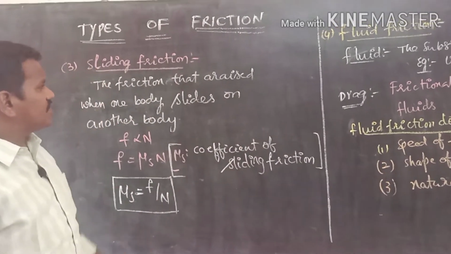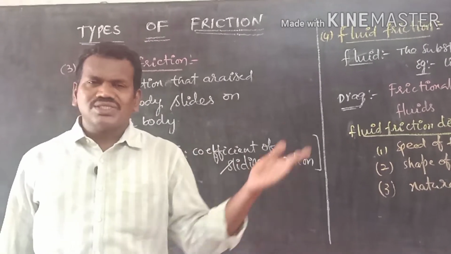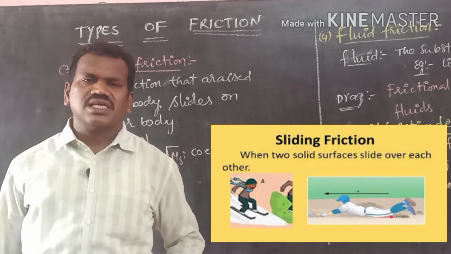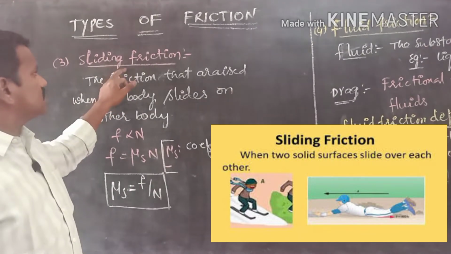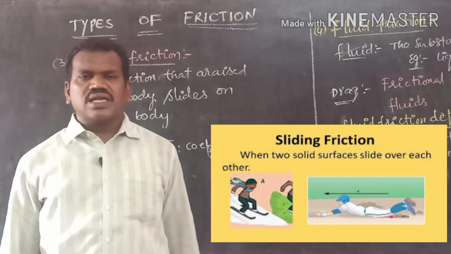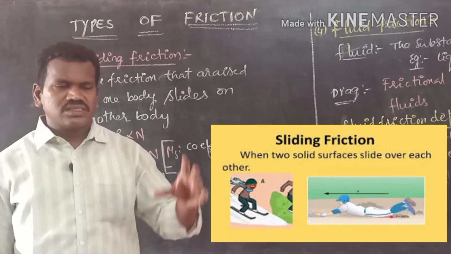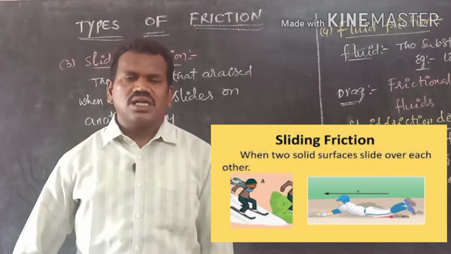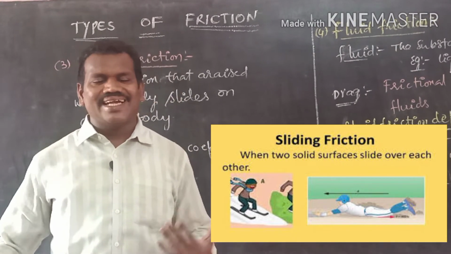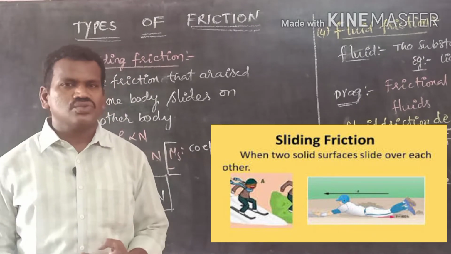Now come to the sliding friction. One body should slide on another body. At that time the friction is raised. That friction is called sliding friction. For example, in your classroom, in the verandas or on the ground, you slide using your shoes.